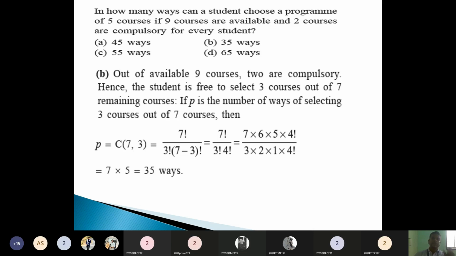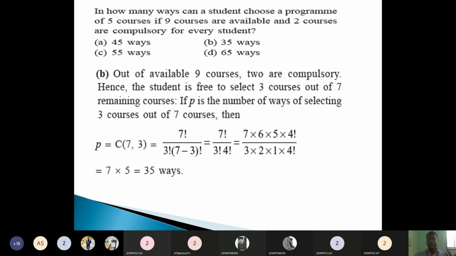Those two compulsory courses, how many different ways can you choose? Only one way. Otherwise, we can take an easier example: in the first semester, the mathematics course and the English course are compulsory. You have to pick them out of 9 available courses. How many ways can you choose mathematics and English?